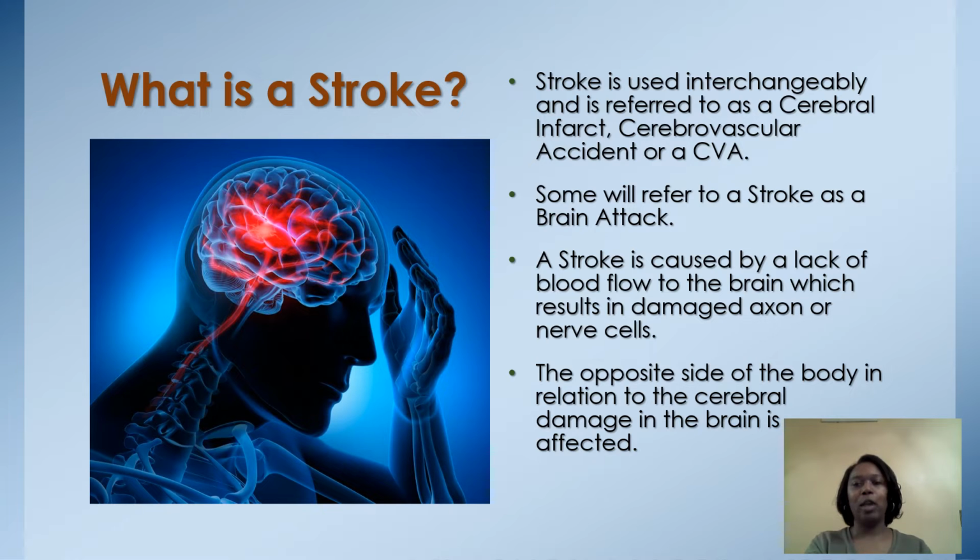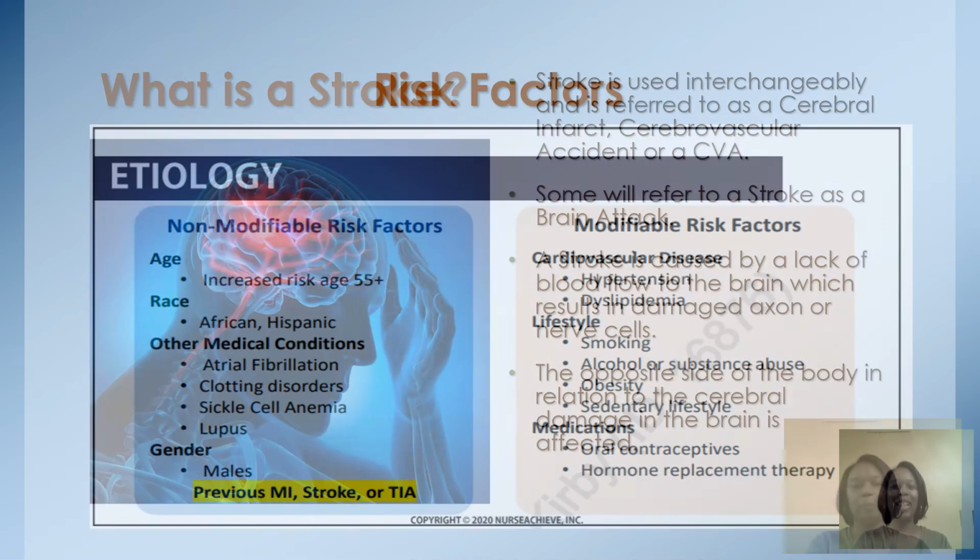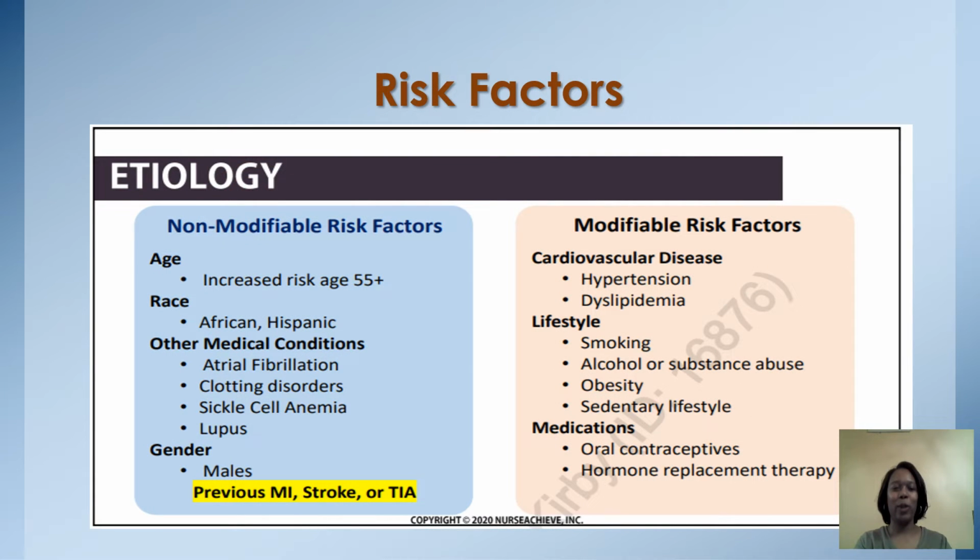They will have left-sided neglect as far as the cue or even recognizing, visualizing any safety hazards. So this is very important as a nurse to know that the opposite side of the body is affected by the CVA.